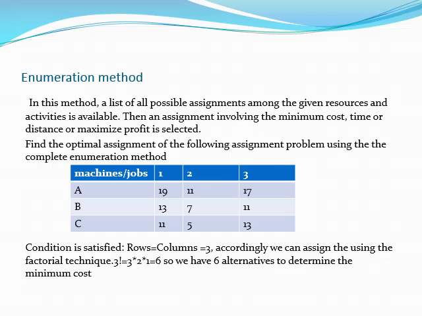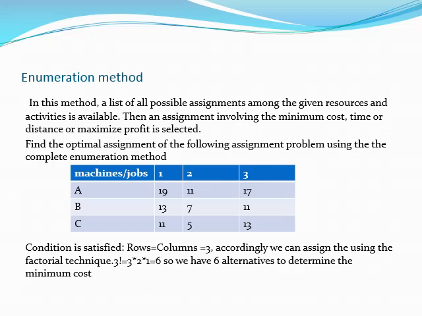What that means? If we assign machine A to implement job 1, this assignment costs $19.